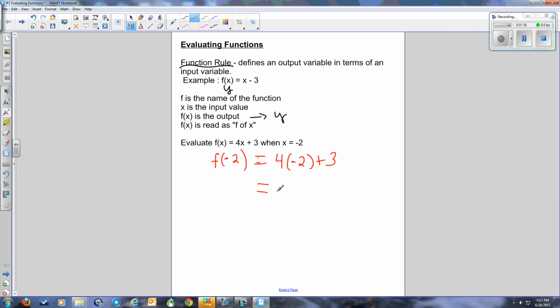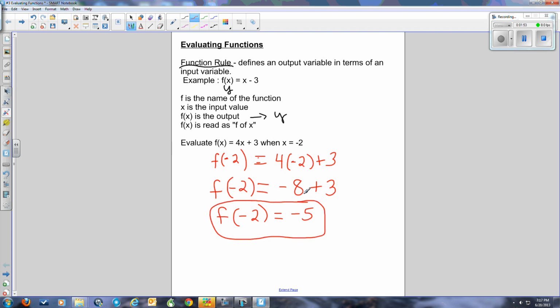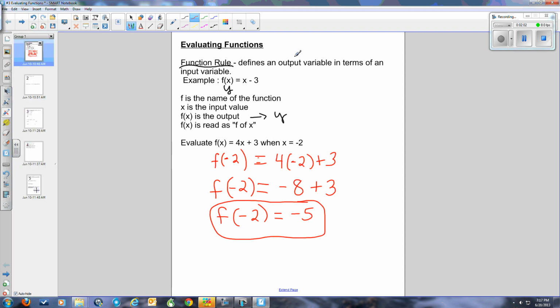And now I'm just going to evaluate. 4 times negative 2 gives me negative 8. So f of negative 2 is equal to negative 8 plus 3. So that means that f of negative 2 equals negative 5. In other words, when we plug negative 2 into this function, we get negative 5 for our answer. Let's go on to the next page.